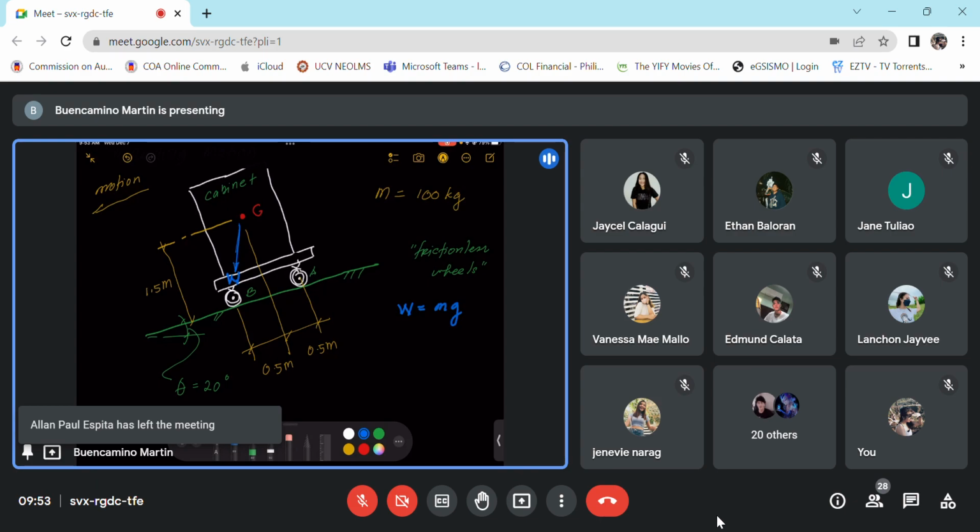And then this can be broken down into its two components. Say ito ang x-axis natin. Gawin natin na ang x-axis natin is pababa yung positive. And then y natin is ganyan. Gawin natin ganyan yung positive axis natin.